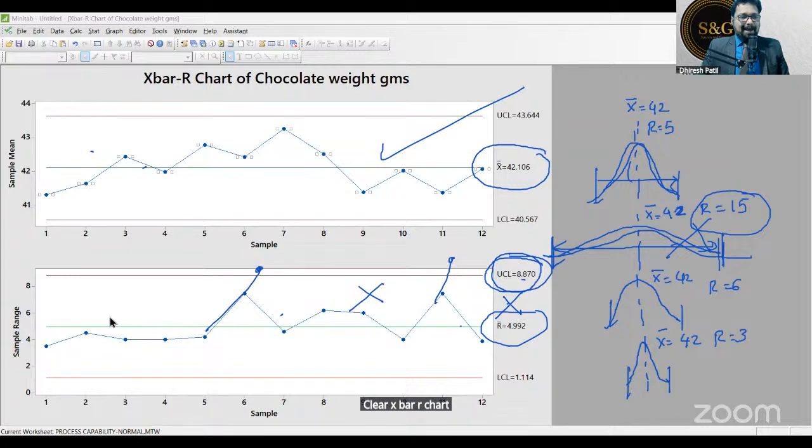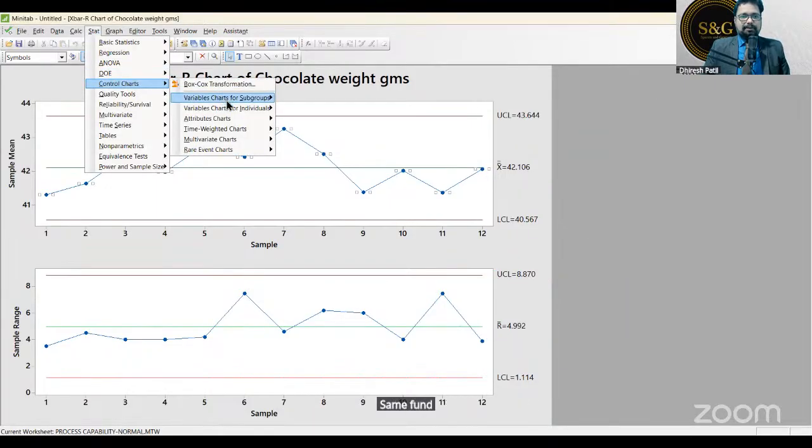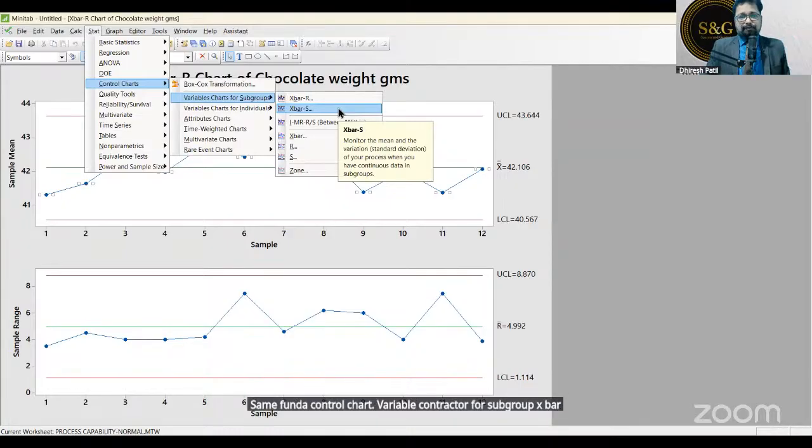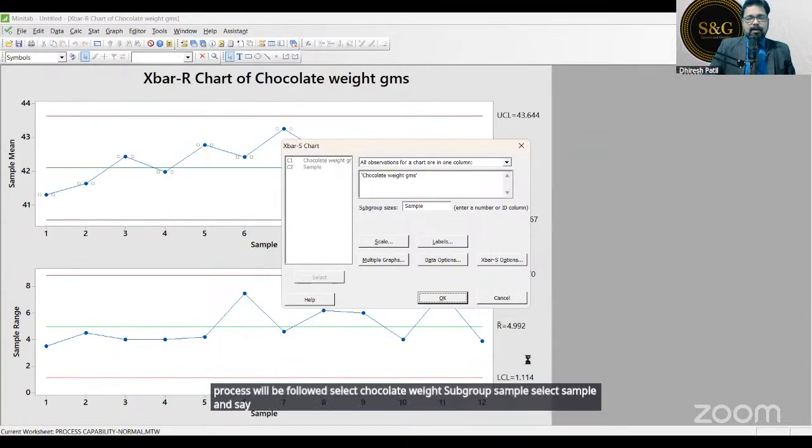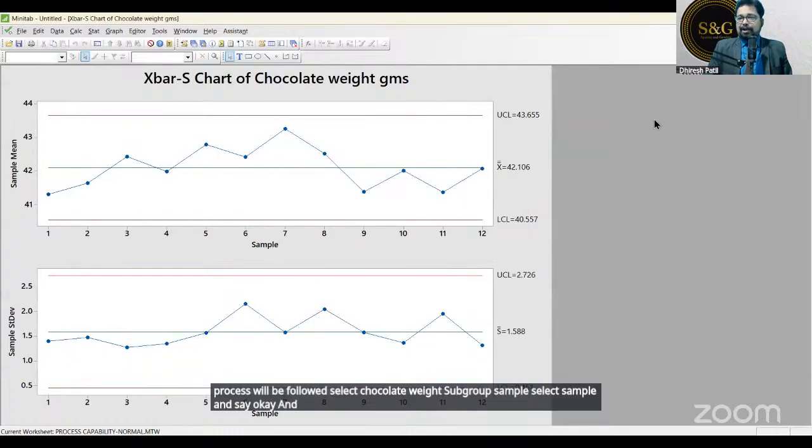Okay, now coming back to X bar S. Now we will do X bar S, same idea, control chart, variable control chart for subgroup, X bar S. The same process will be followed. Select chocolate weight, subgroup sample, select sample, and say OK. And you will get a similar kind of chart.